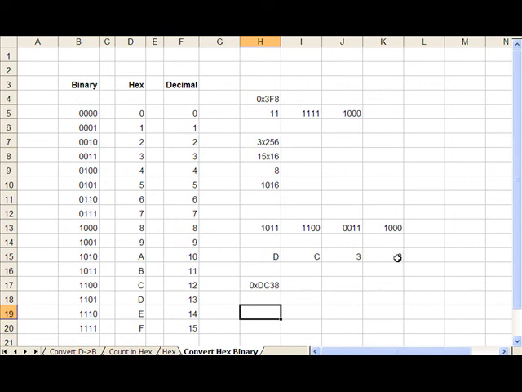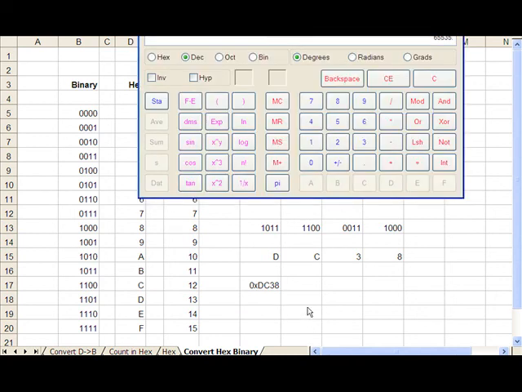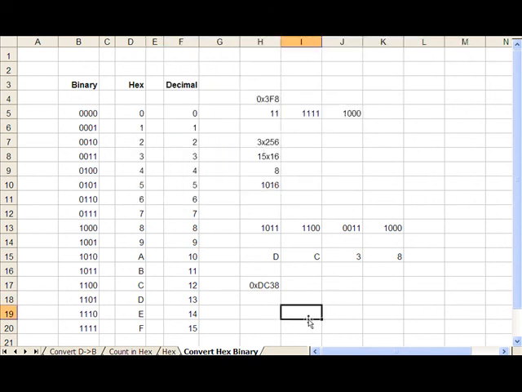Well, I really don't know. DC38 in hex, I probably would use a calculator for that. So in hex, DC38, what number is that in decimal? 56,376.